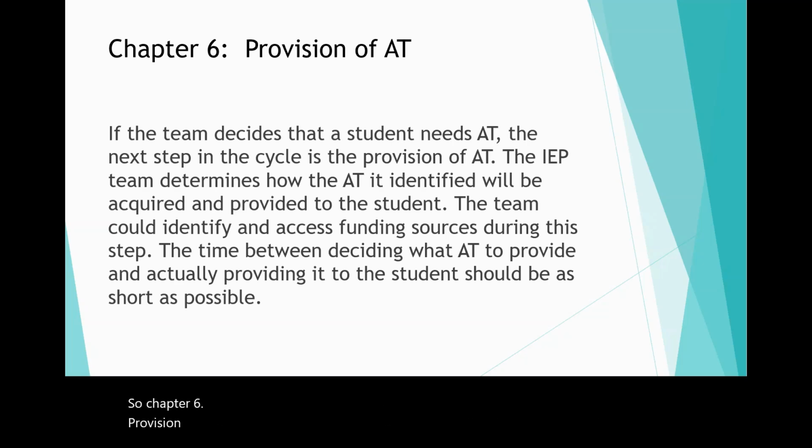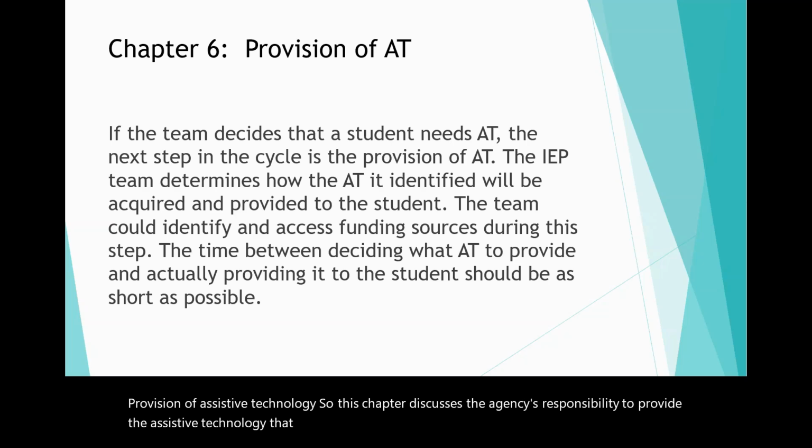Okay, so chapter 6, provision of assistive technology. This chapter discusses the agency's responsibility to provide the assistive technology that the IEP team has identified, to access funding sources during this step, and the timelines that go along with that.